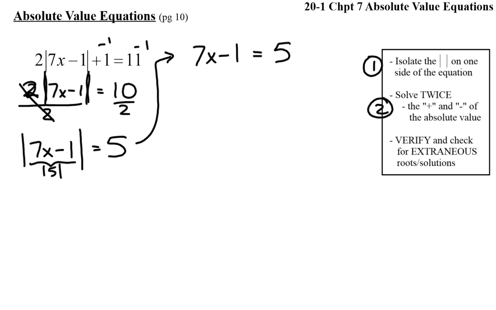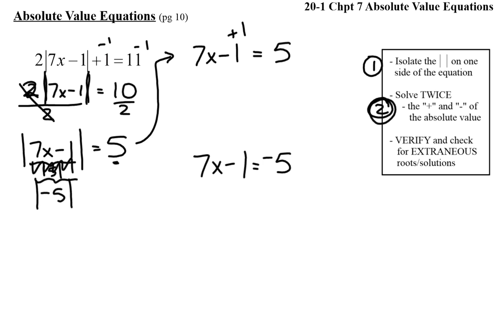We also realize, hopefully, that this 7x minus 1, if it had a value of negative 5, the absolute of negative 5 is still our 5. So we would be okay if 7x minus 1 equaled negative 5. We need to identify the 2 situations because one could be positive, one could be negative.